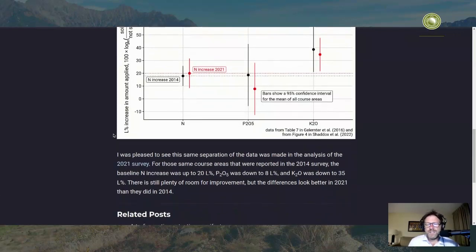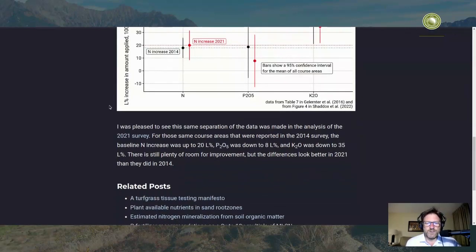So I think this shows, because the phosphorus is down and the potassium is down in relation to nitrogen in the 2021 survey compared to the 2014 survey, I speculate that this might be getting better, and people might be becoming more aware of that and paying closer attention to interpreting their soil tests correctly, or making better recommendations, or getting better recommendations.